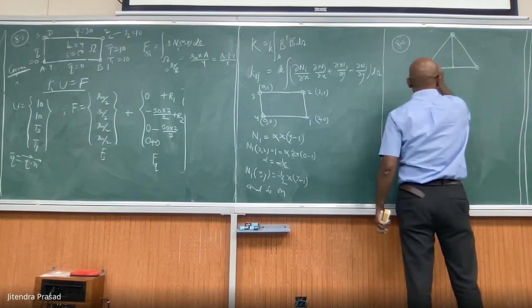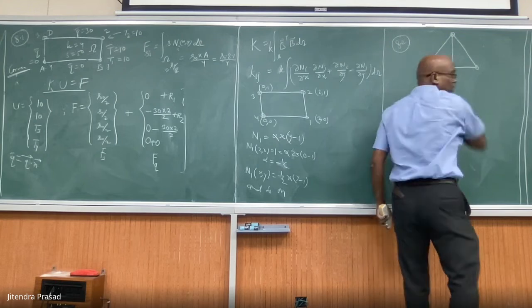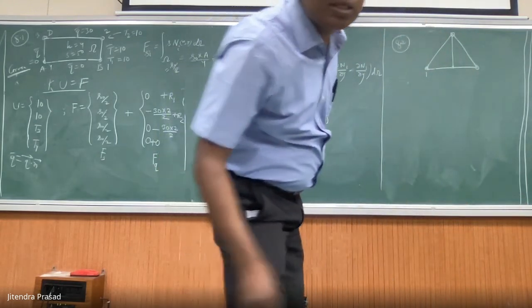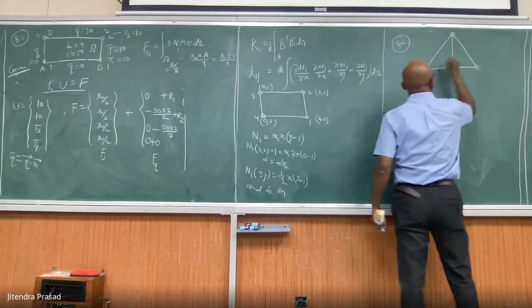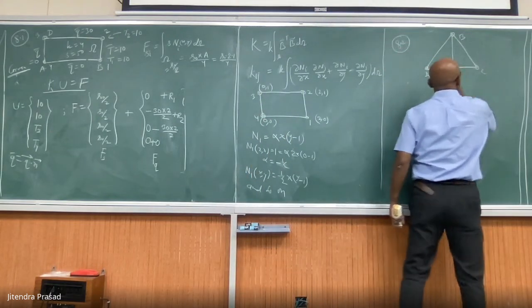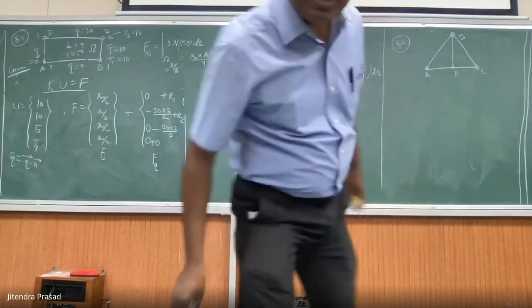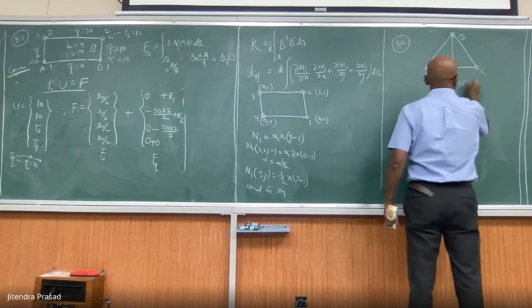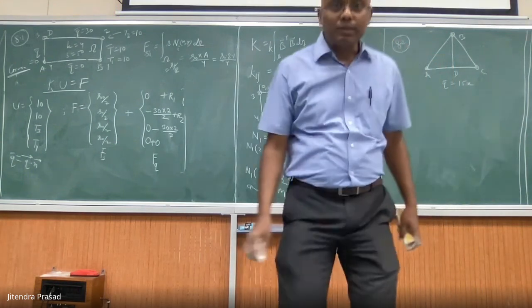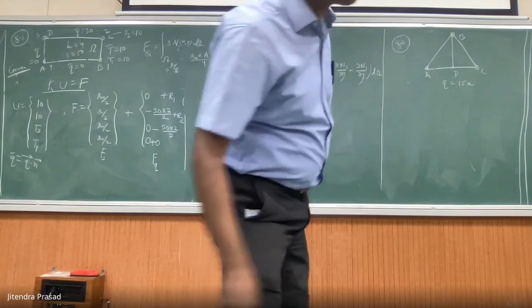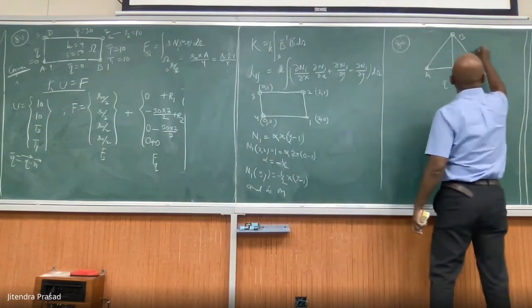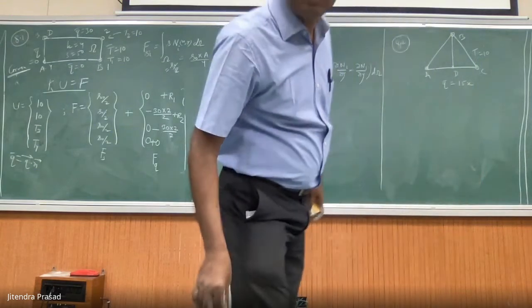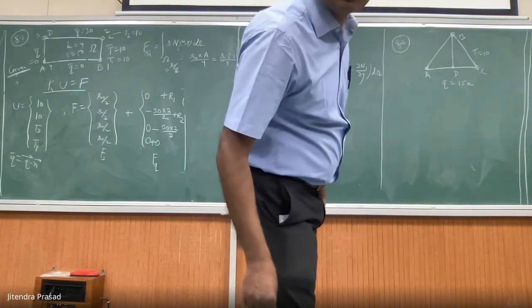So this is element one, A B C D, A B C D, and then Q bar equal to 15x, and T equal to 10 here, and insulated.